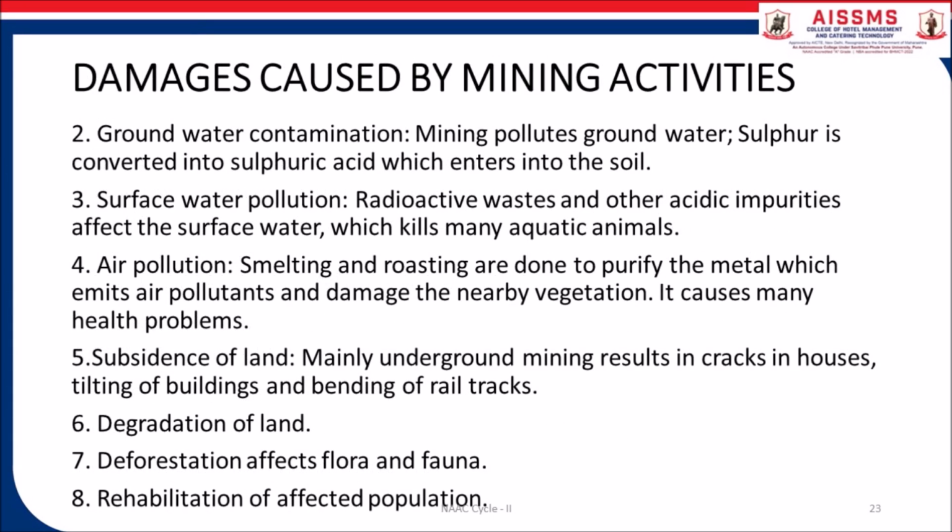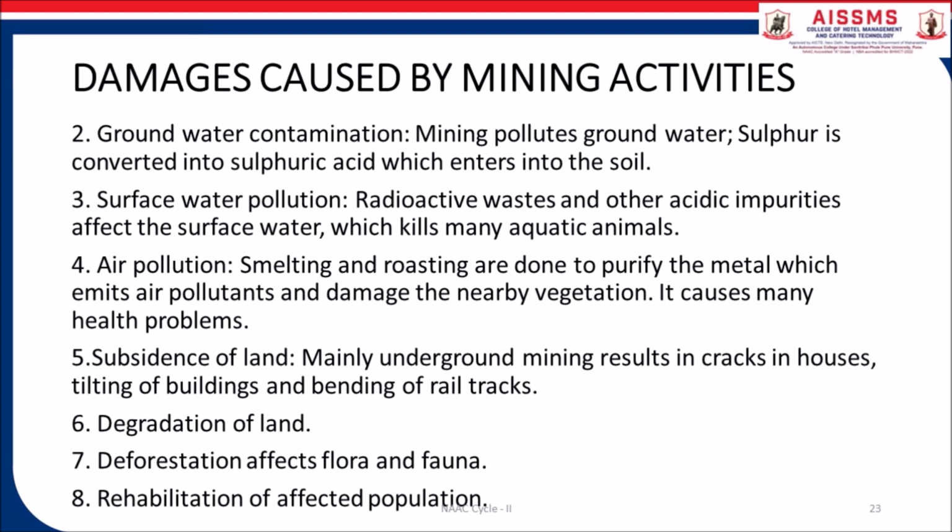Groundwater contamination. Mining pollutes groundwater. Sulfur is converted into sulfuric acid, which enters into the soil. Surface water pollution. Radioactive wastage and other acidic impurities affect the surface water, which kills many aquatic animals. Air pollution. Smelting and roasting are done to purify the metal, which emits air pollutants and damages the nearby vegetation.